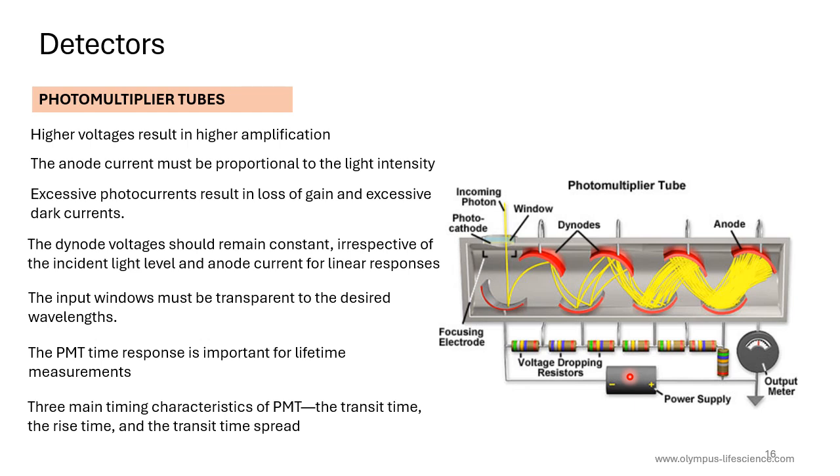The most important timing characteristic is the transit time spread. So the transit time spread is, when this incoming photon reaches this photocathode, it is generating a photoelectron which is further coming towards this first diode. Now this photon can come like this, and then it can also come in this direction, or this direction also.